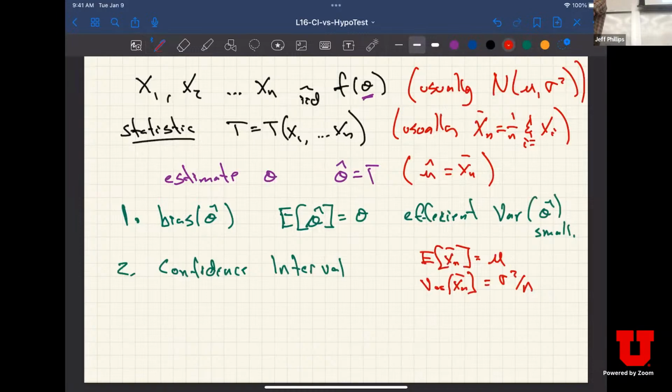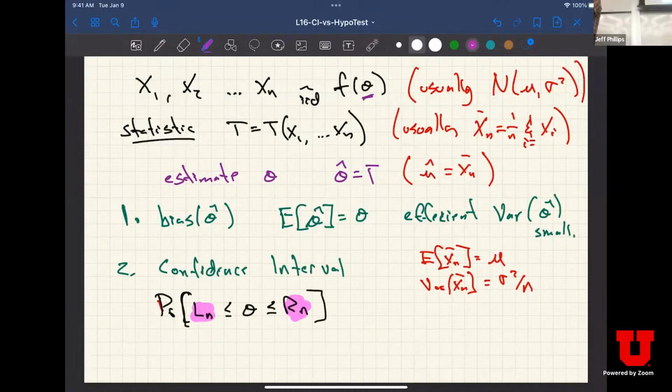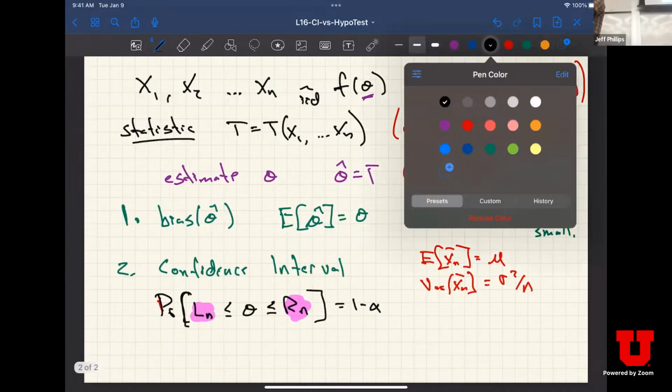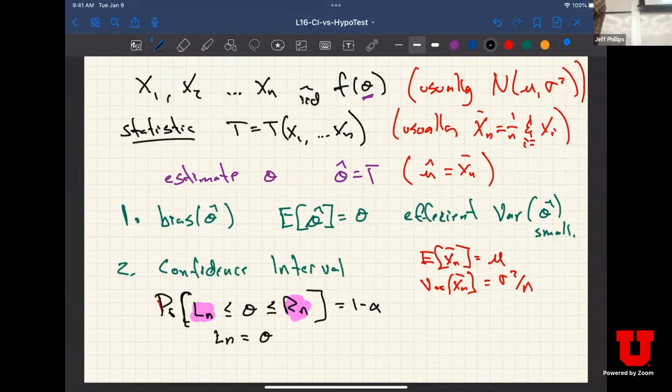So what we did is define these random variables Ln and Rn, so that the probability that theta is between them is equal to 1 minus alpha. And Ln equals the estimator xn bar plus or minus z alpha over 2 times the standard deviation of that estimator.